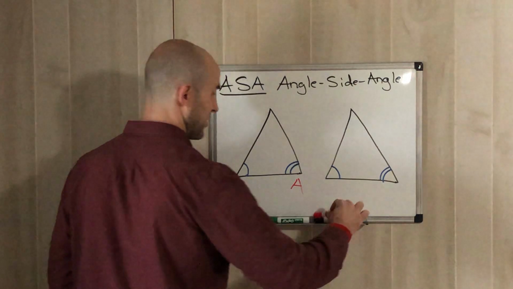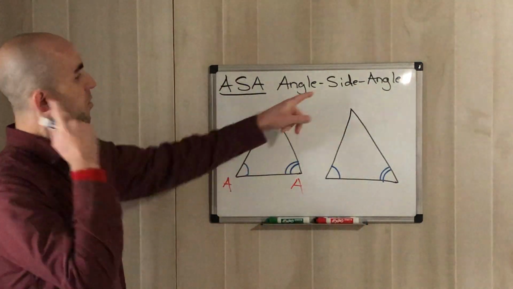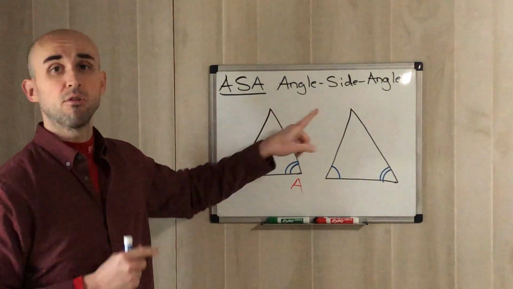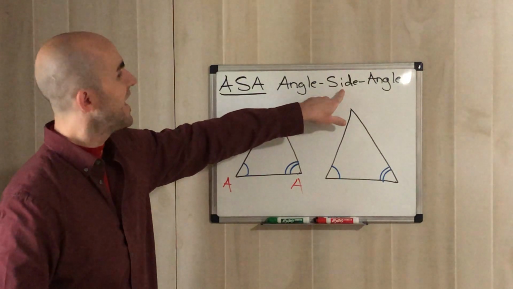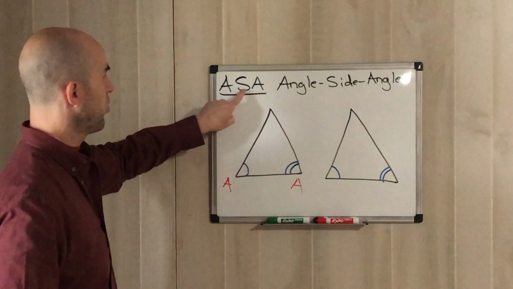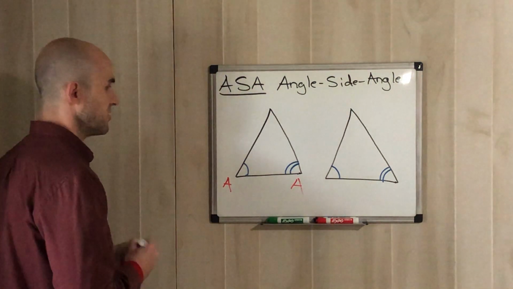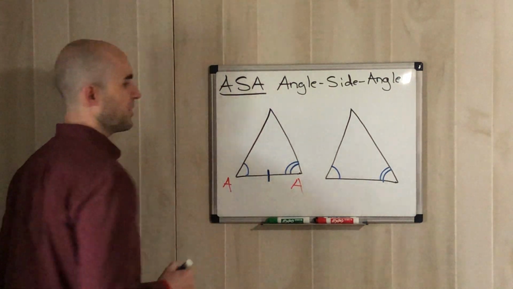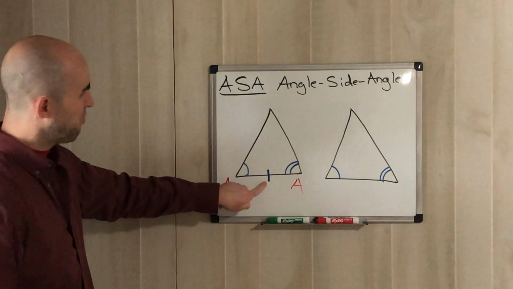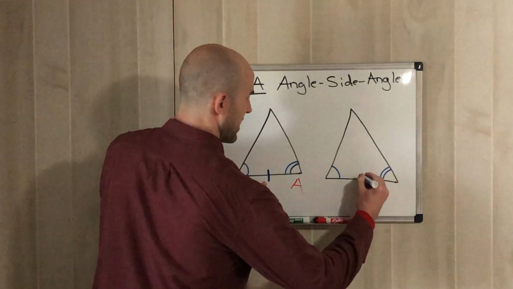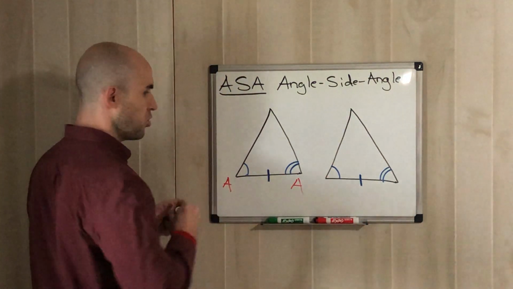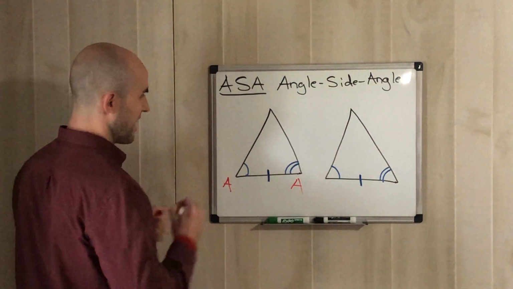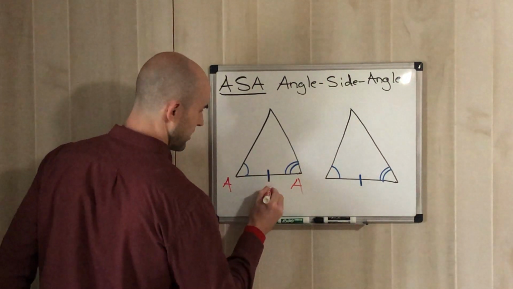Now what we need for it to be ASA is a side, right? And not only do we need a side, we need the side to be between the angles. So where we would have to put it would be here. We would have to put the side there. Because if those 2 sides are congruent, we see that now we have a side.